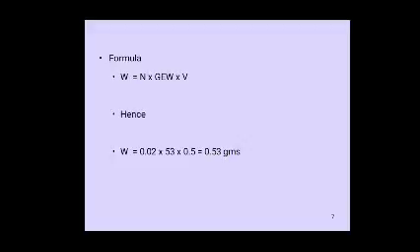Therefore, the formula: weight of the substance W is equal to N into GEW into V in liters. Hence, 0.02 into 53 into 0.5, that is equal to 0.53 grams.